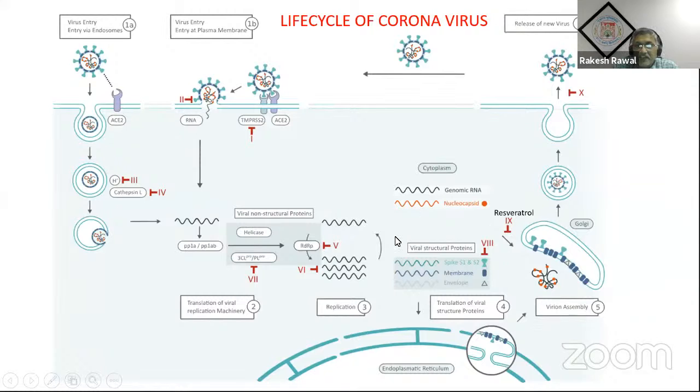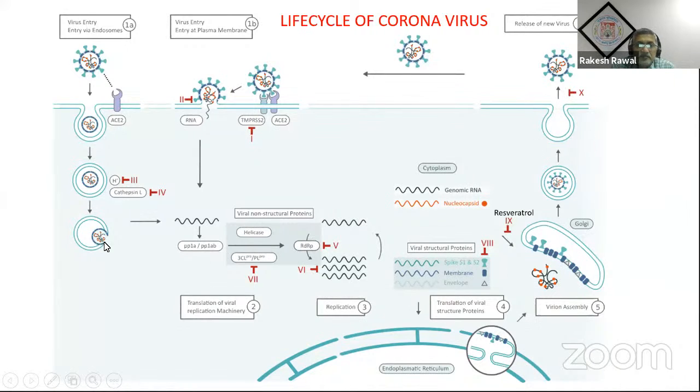If not here, can we target where the viral structural proteins are getting assembled, or the packaging of viral RNA into the structural protein? That stage can also be targeted, that means the viral assembly, or the exit of this virus through exocytosis. That can also be restricted.